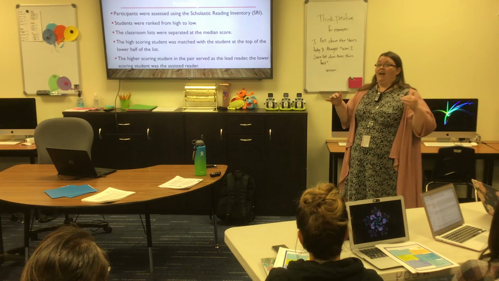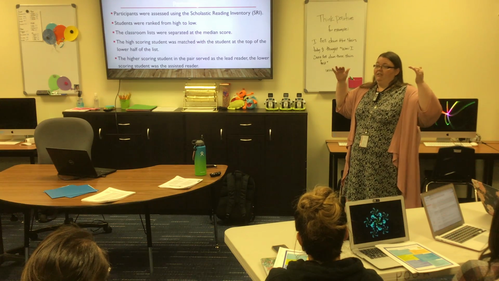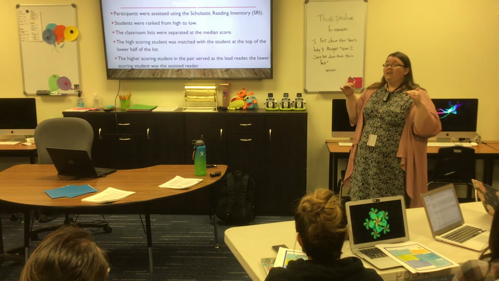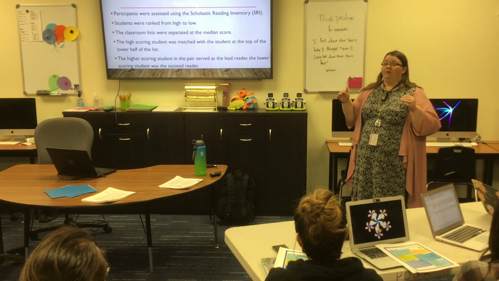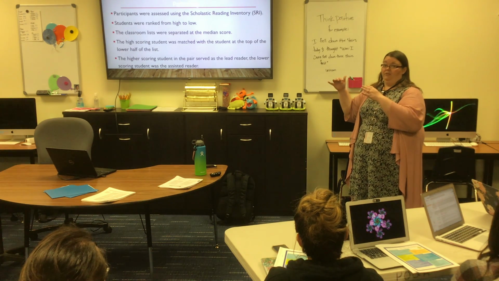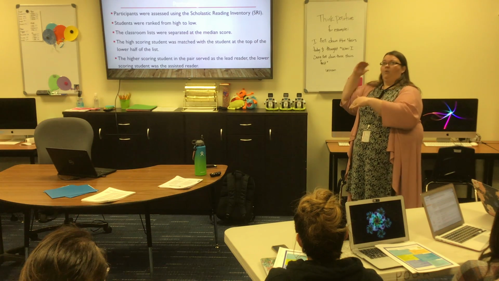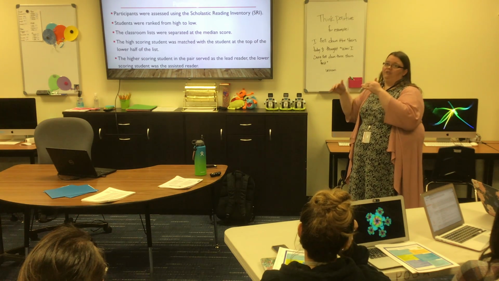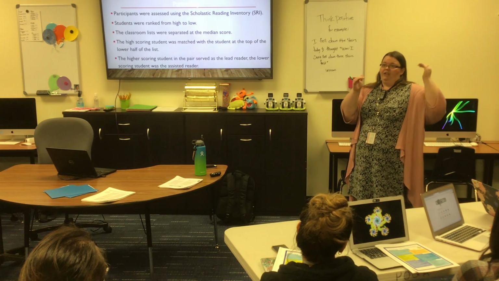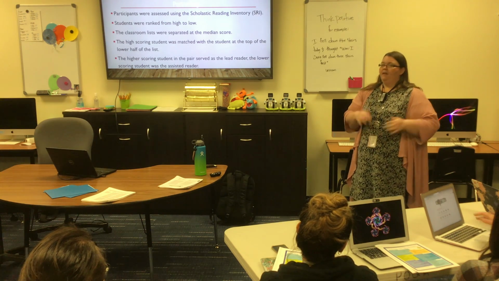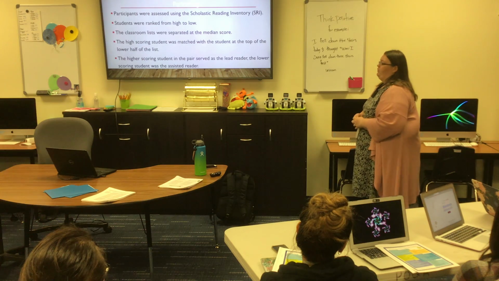So you split it in half and you pair 1 with 15, 2 with 16. Sometimes the gap is even too big, and so then what we do is split your class in fourths and pair it that way. So it'd be like 1 with 8 and 2 with 9, and then like 15 with 20 is another way to potentially do it.